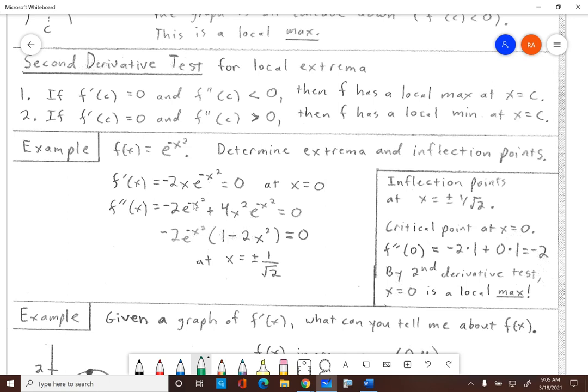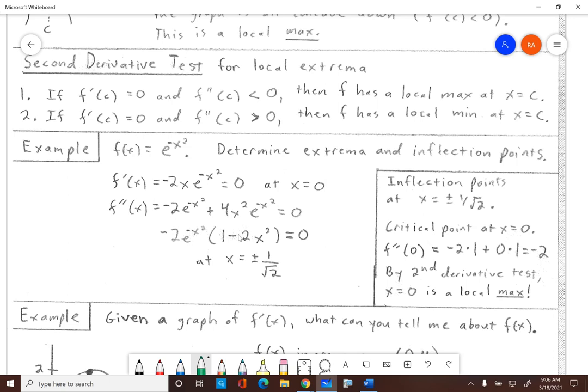Okay, so again, this thing is never undefined. It does equal 0. It's kind of tough to tell, but what I can do is factor out a negative 2e to the negative x squared. And when I do that, I get 1 minus 2x squared. So check this out. Negative 2 times e to the negative x squared is an always negative thing, times this.